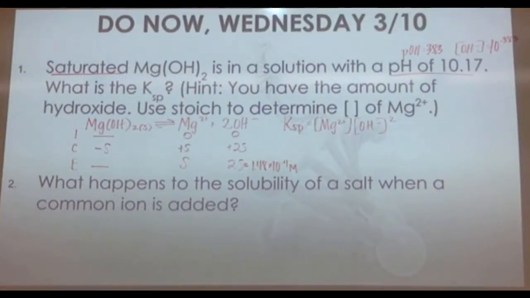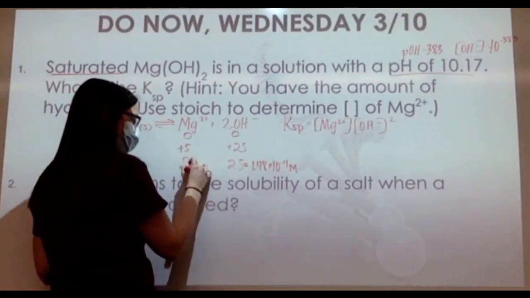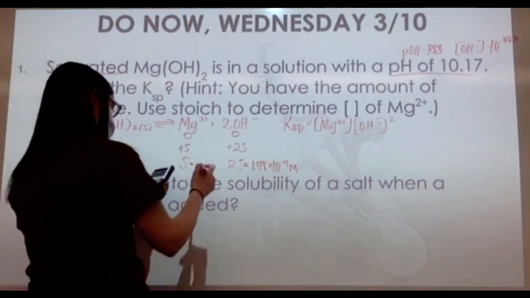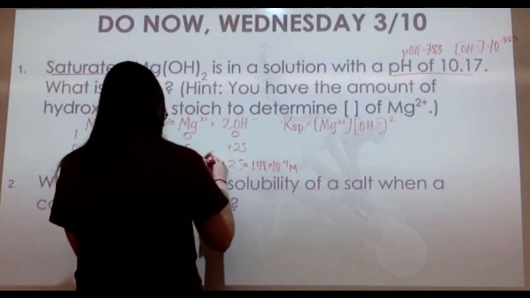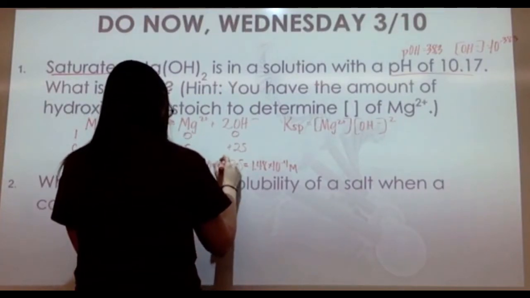This is where that hint comes in. It says use STOIC to determine the concentration of Mg2+. Well, if this is 2S, how would I figure out what S is? Divided by 2. So 7.40 times 10 to the negative 5th.